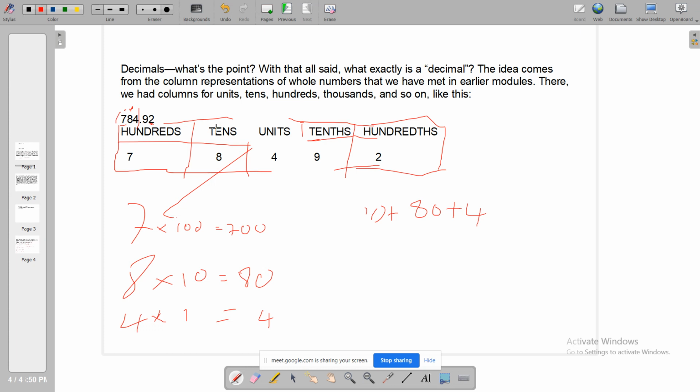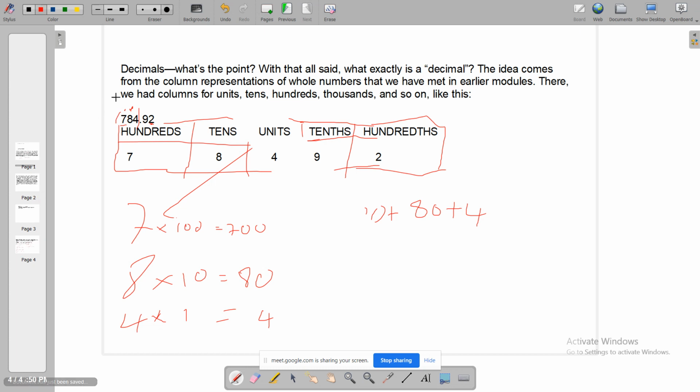So you can see here, this is tenth, and this is hundred. That is the position. Now when it comes to decimals, the point is the main thing.